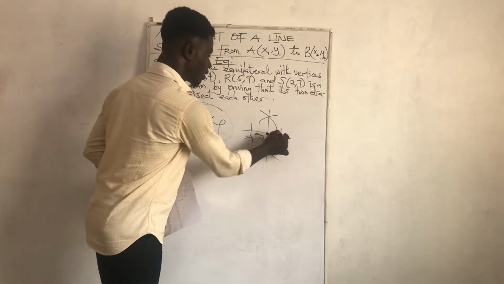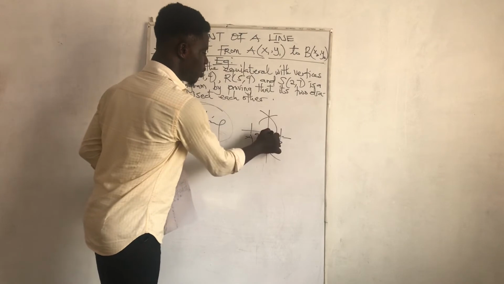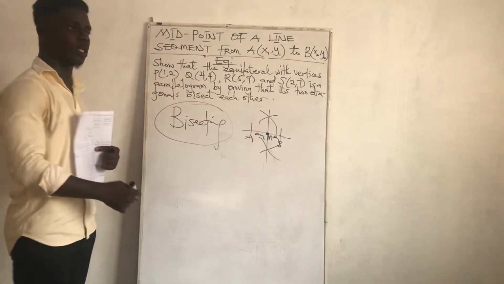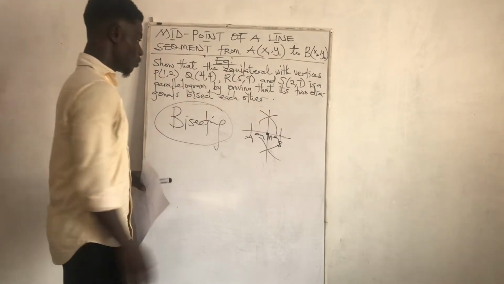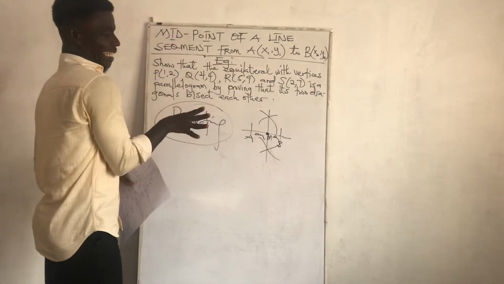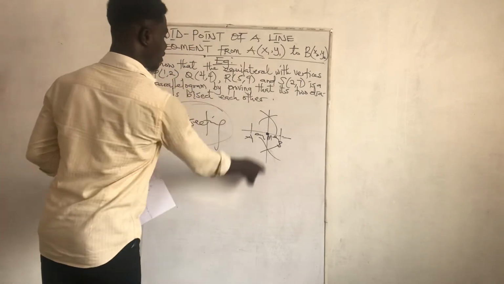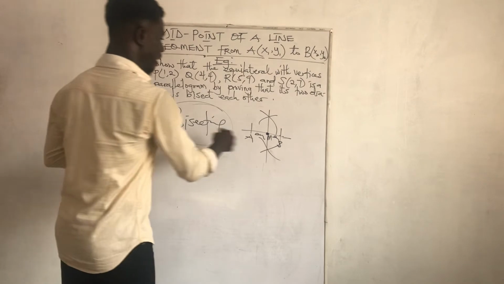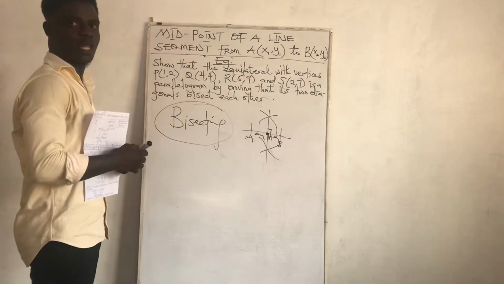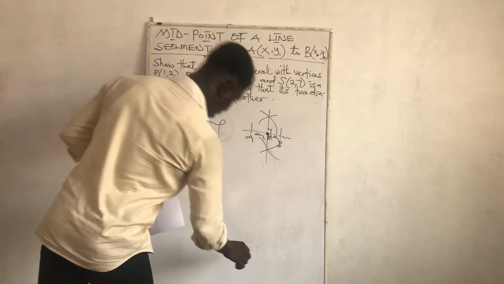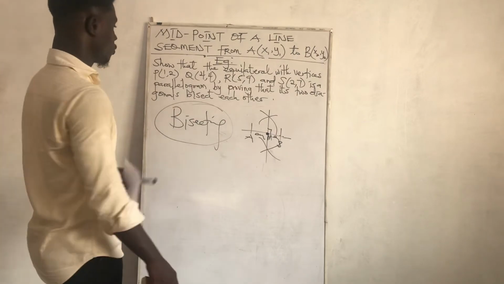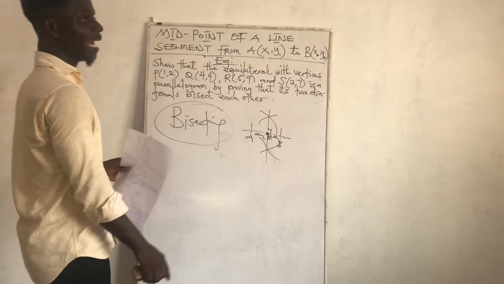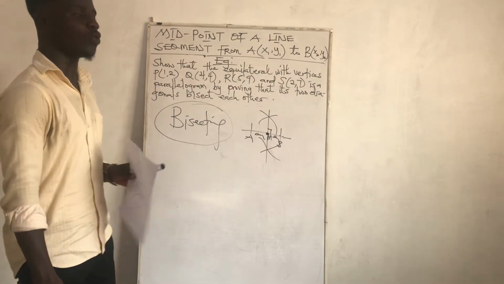This is the perpendicular bisector, which is at 90 degrees, or that's a bisector. So bisecting a line means to divide a line into two equal parts.